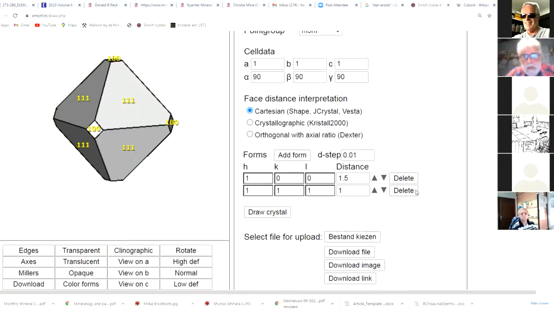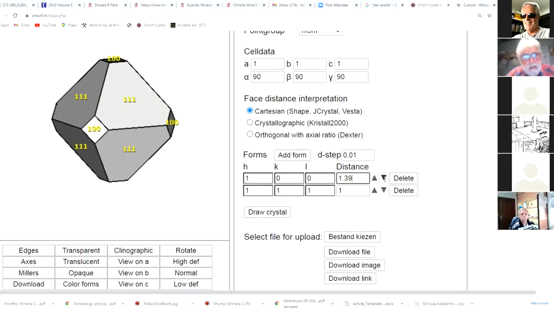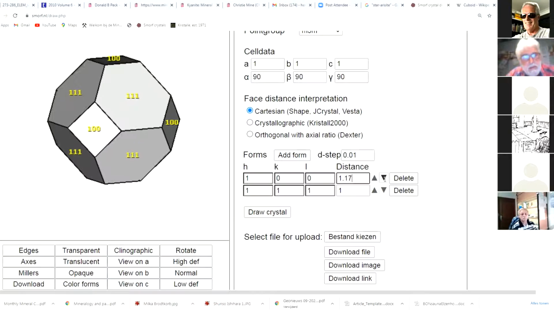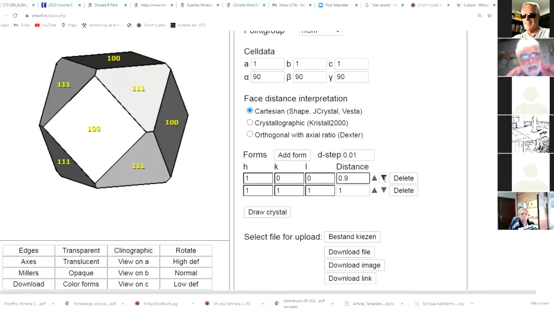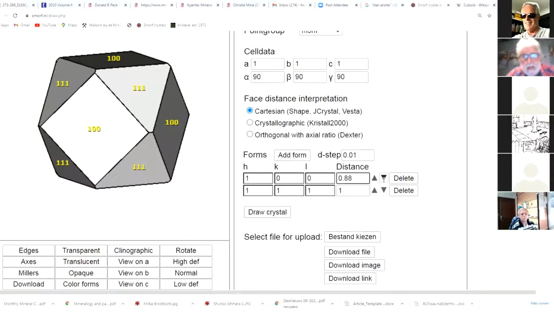Okay, and what is kind of neat with this program is that you can actually do it in real time. So you can actually see what happens, which is kind of neat.